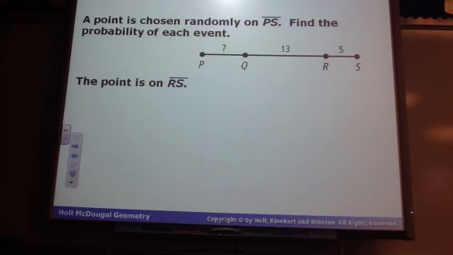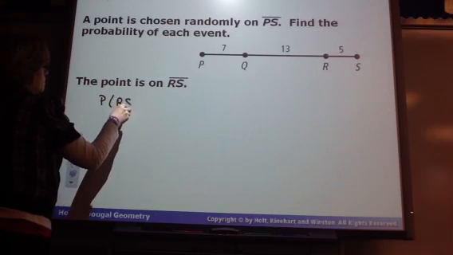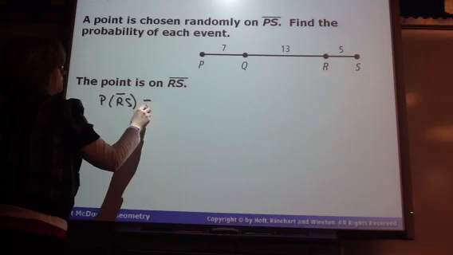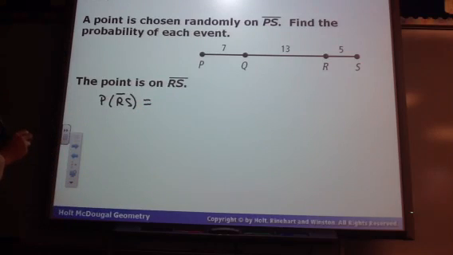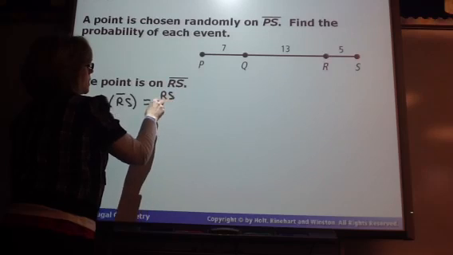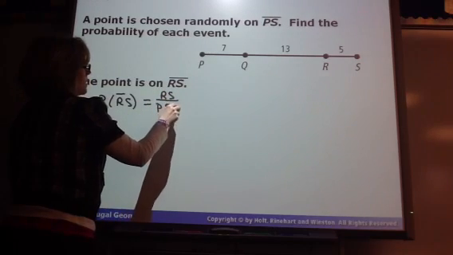Okay, the point is on RS. Okay, so we want to know the probability of the point on RS. So, the event would be the segment length RS over this sample space, which would be the larger segment PS.